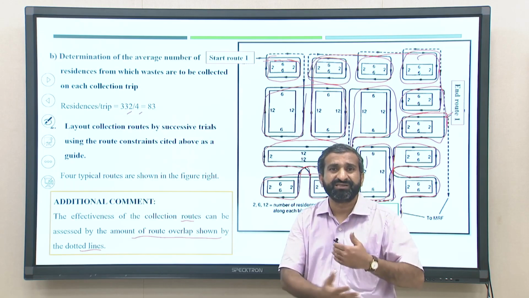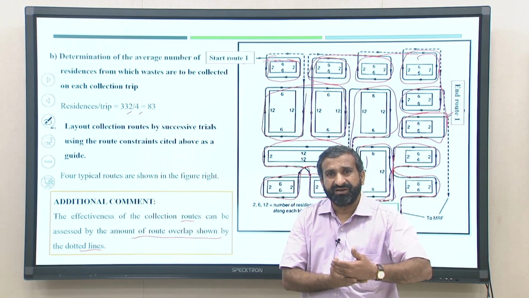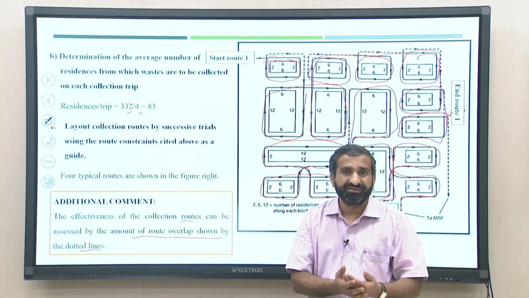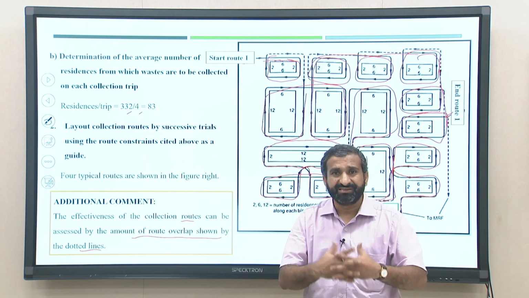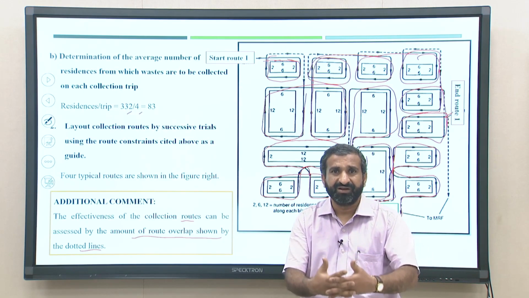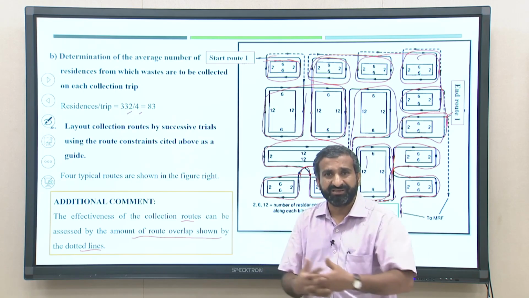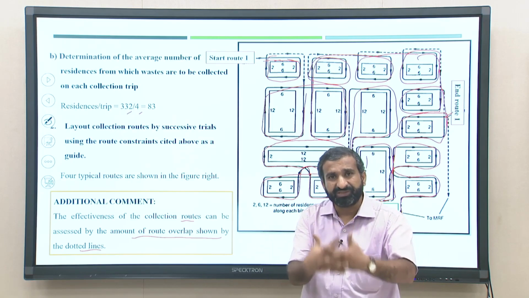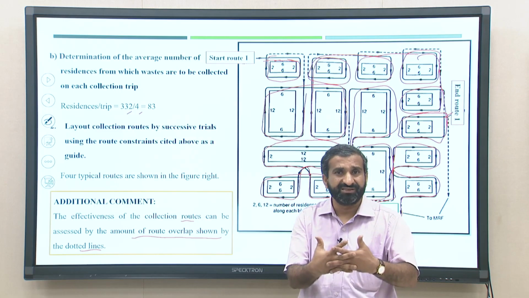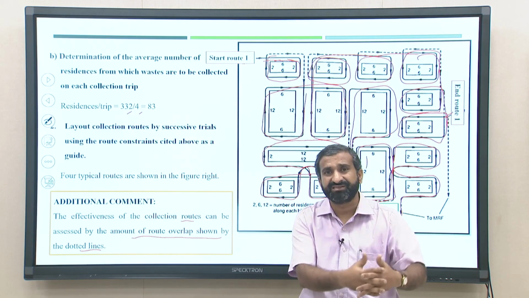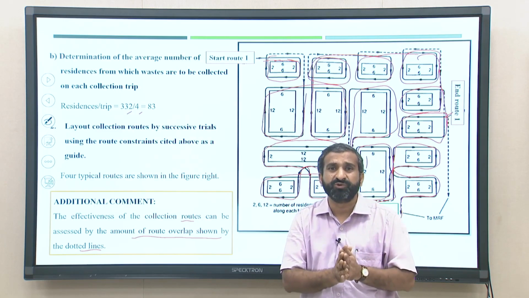Based on that experience they have to modify, and it is also very important because waste generation is increasing year to year. So, based on that your infrastructure facility for the collection system or collection services also has to be improved.